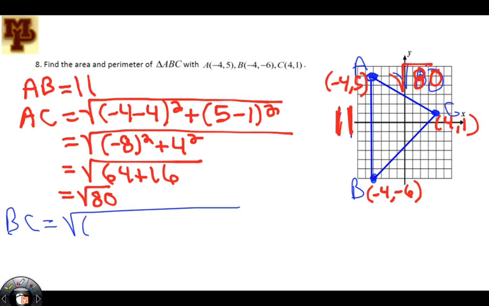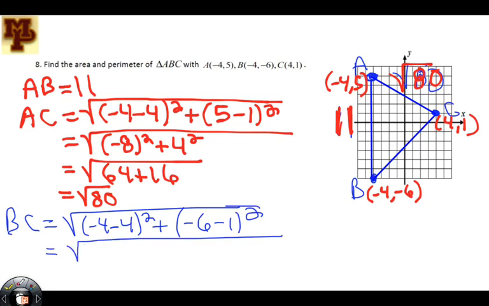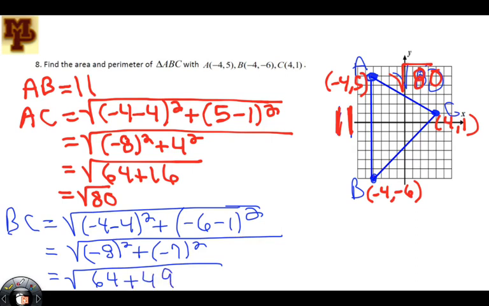So negative 4 minus 4 squared plus, and then we're going to subtract the y's, so negative 6 minus 1 squared. So this is going to be negative 8 squared plus negative 7 squared, so this is square root of 64 plus 49.